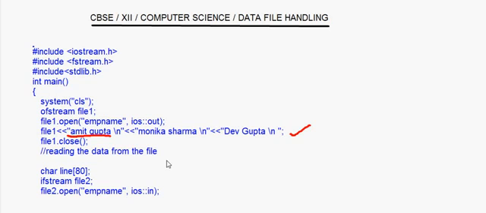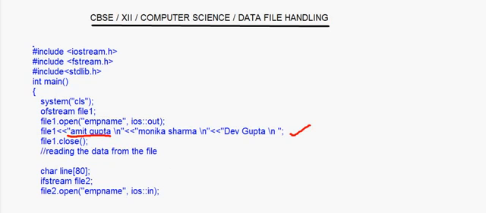Now each day I want to put the names of the new employees who have joined, right? So that doesn't mean that the earlier employees' names should get erased, right? So the earlier names should also be there, and after that whatever name you are putting has to get added to that, right?